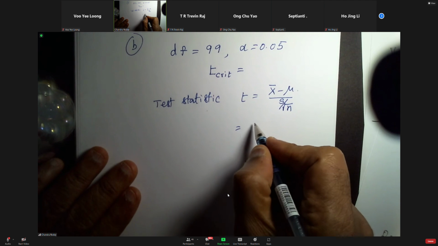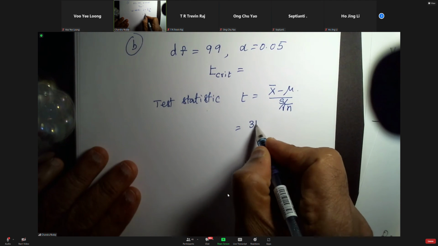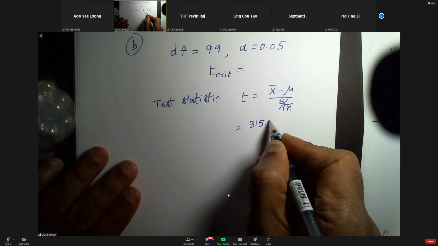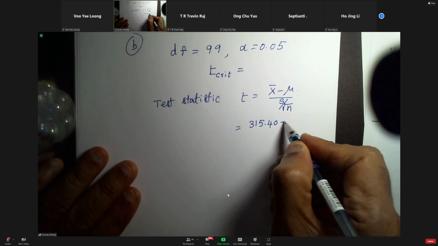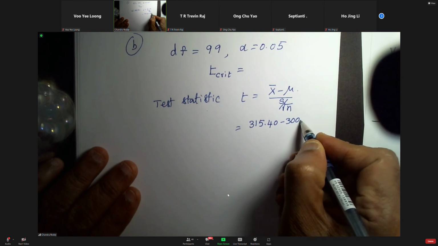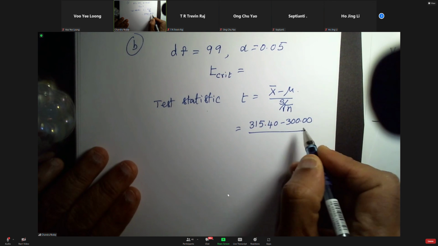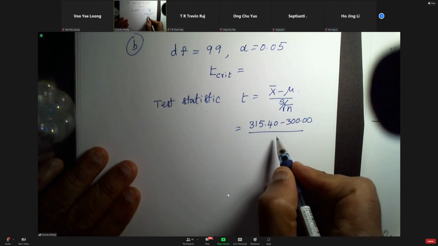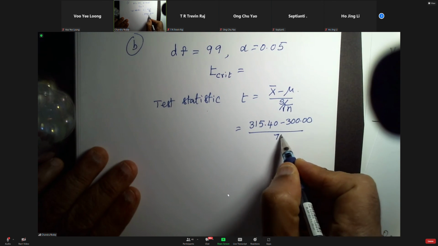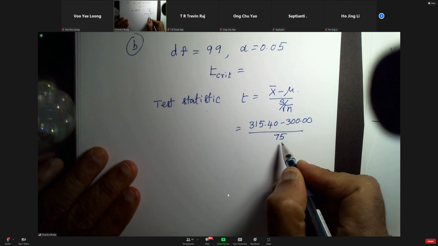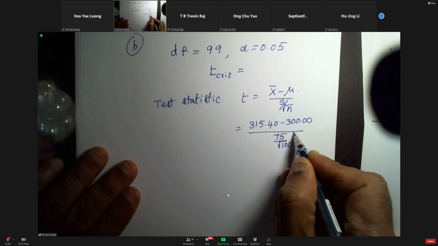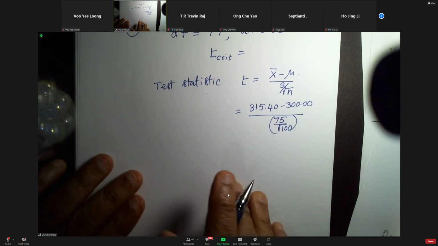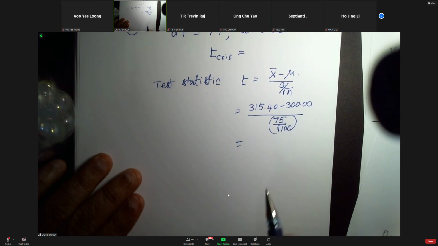So x bar, the sample mean, is the same 315.4. The population mean is $300. The sample standard deviation for this problem is now $75. The sample size is 100. So you can use this to calculate the test statistic.